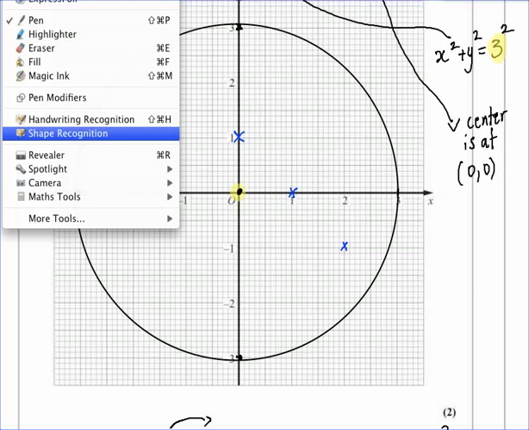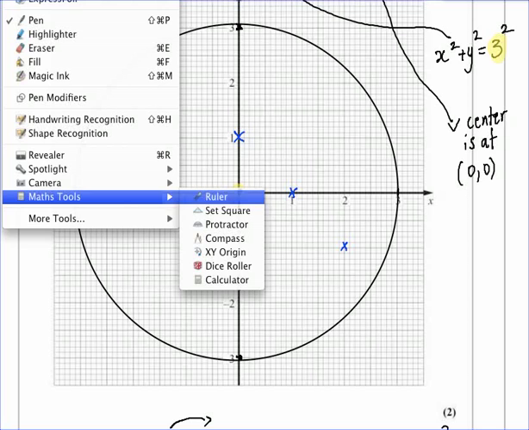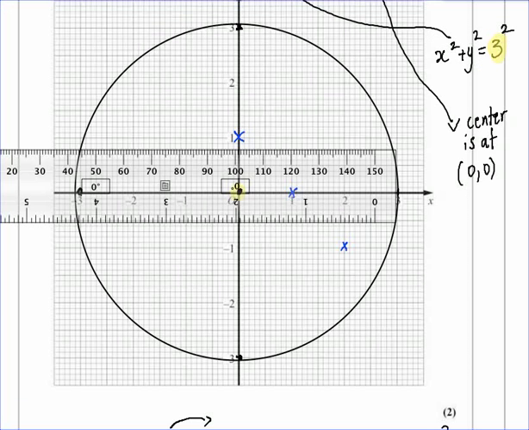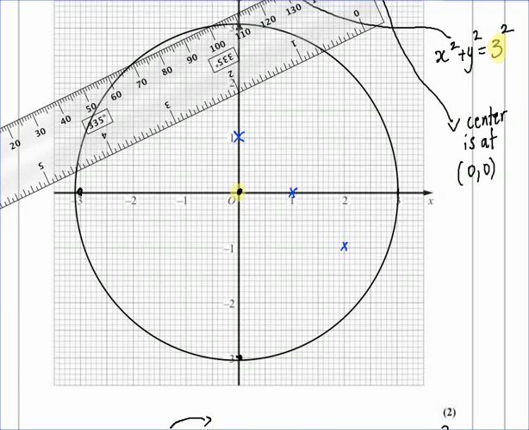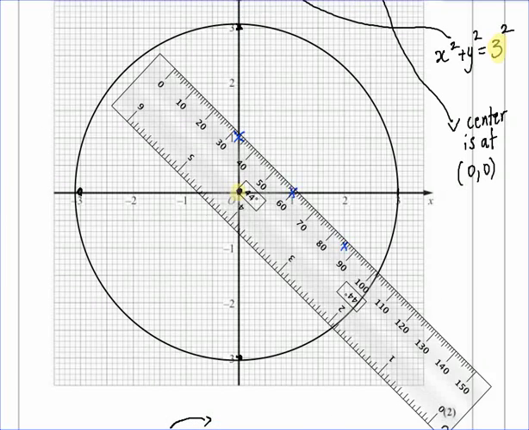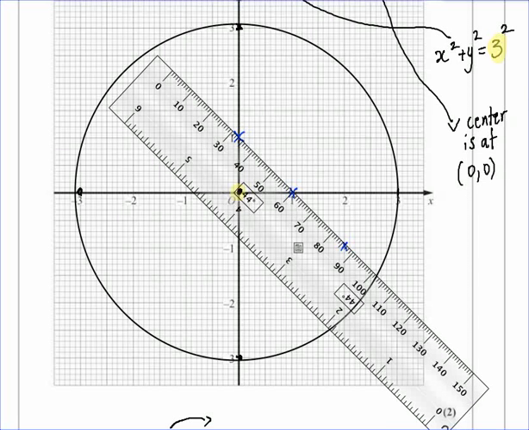So I'm going to go ahead and take a ruler and join my points.